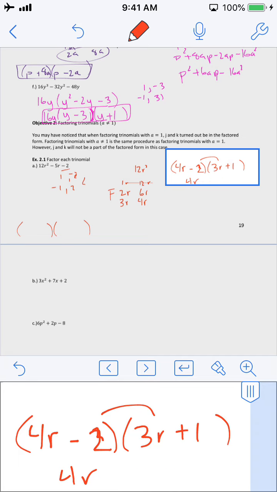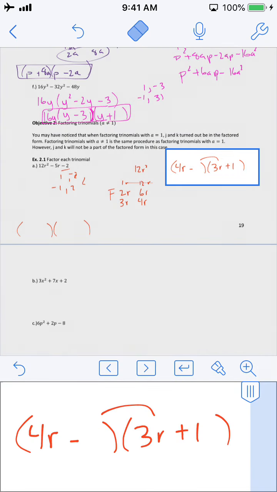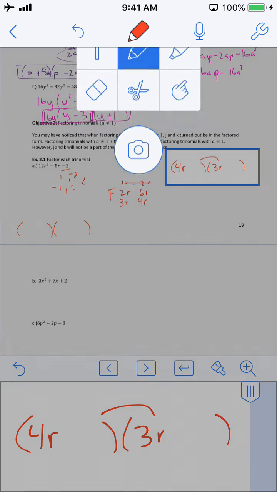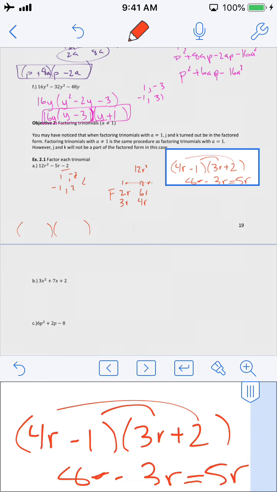All right, but I still have a gut feeling about this one. So maybe it's... maybe it's the other way around. 1 and 2. Okay, that gives me 8r minus 3r. Hey, that's 5r. So close.